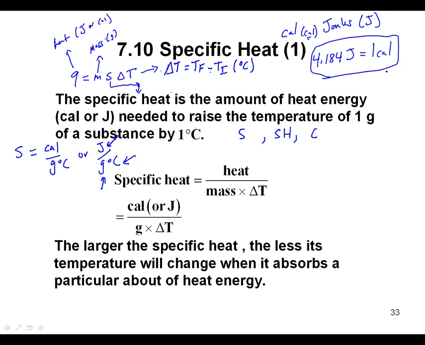As you might expect, that is kind of where we get this conversion factor from. So the specific heat of liquid water has a value of basically 4.184 joules per gram per degree Celsius.